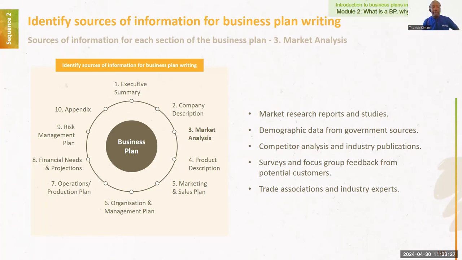Focus groups: sometimes there are industry forums where focus groups are formed, and you can get feedback from customers, competitors, and suppliers. These surveys, these trade shows, you get a lot of feedback. And then there are trade associations and industrial experts, who are invaluable in providing credible information.